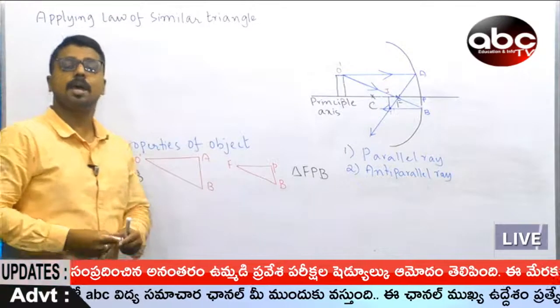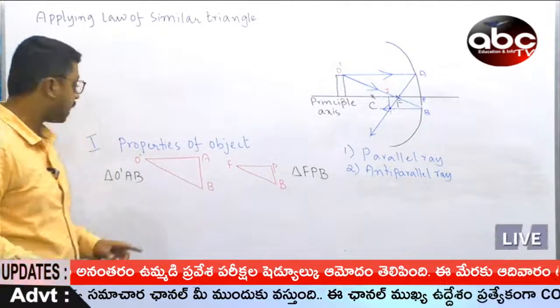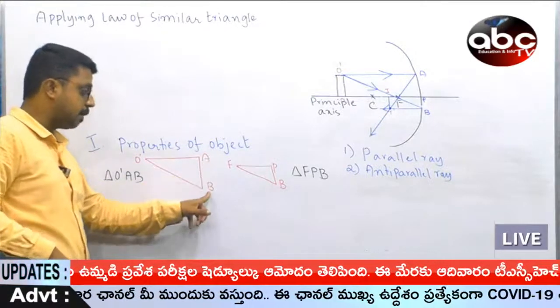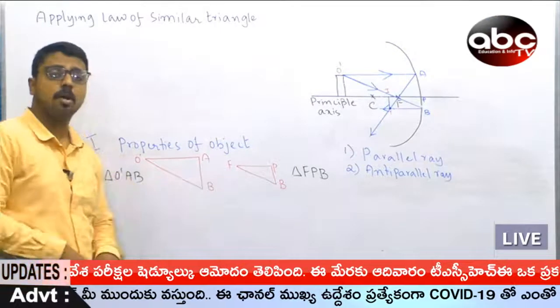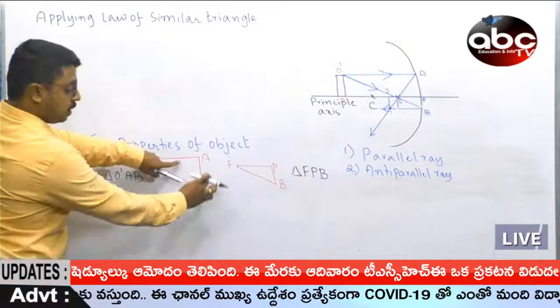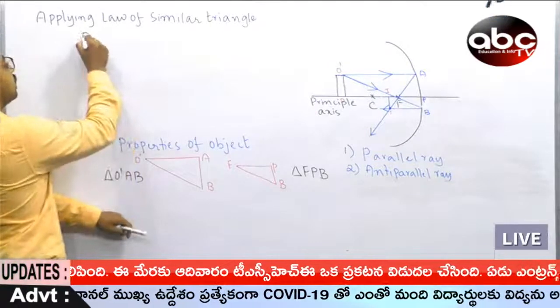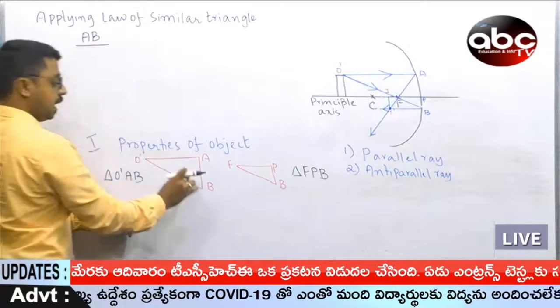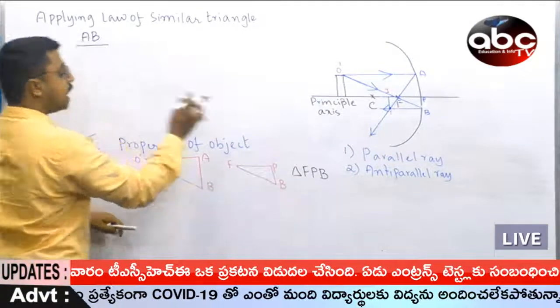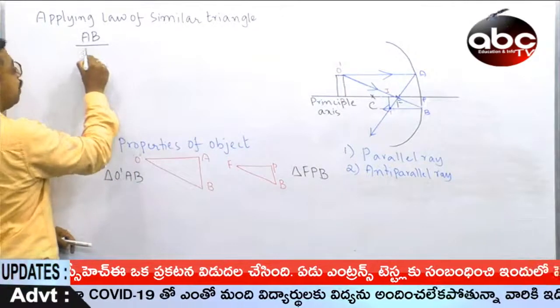We are going to compare the sides of the similar triangles. That is, first of all, let us compare the bigger triangle with the smaller triangle, and then we get this side which is facing AB, compared to this side, the base PB.